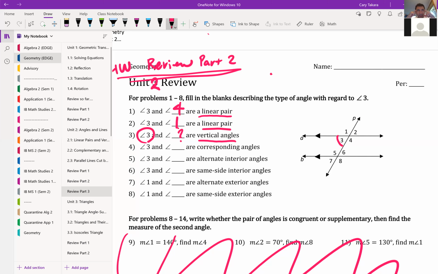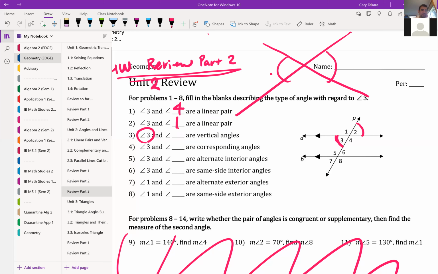Can you picture in your mind? Vertical angles are this one, the opposite. You've got the two lines crossing, and then opposite angles are called vertical angles. That means angle 3 and angle 2. Angle 3 and angle 2 are called vertical angles. I hope you got that.